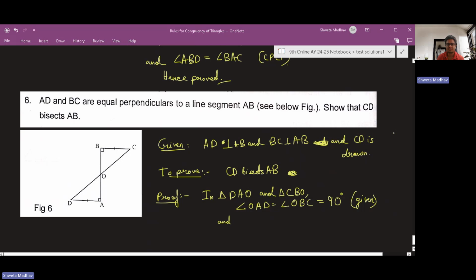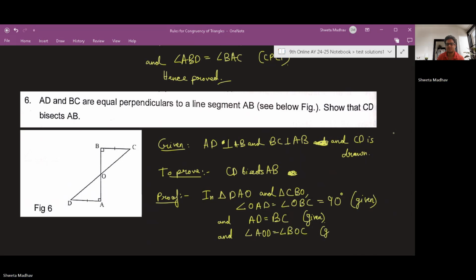And we can see that AD equals BC is given also.